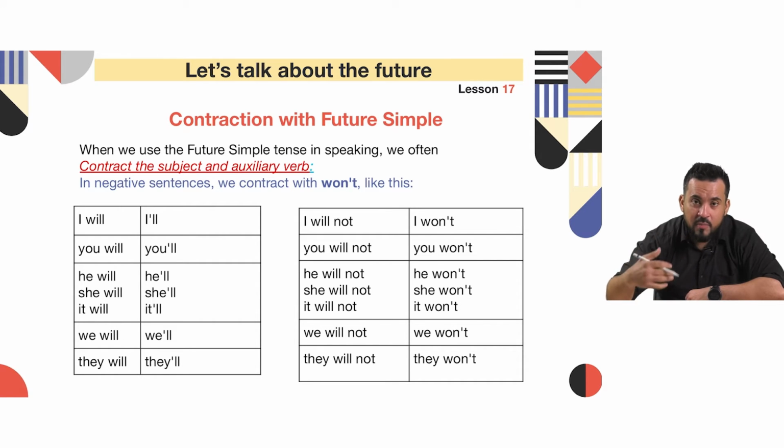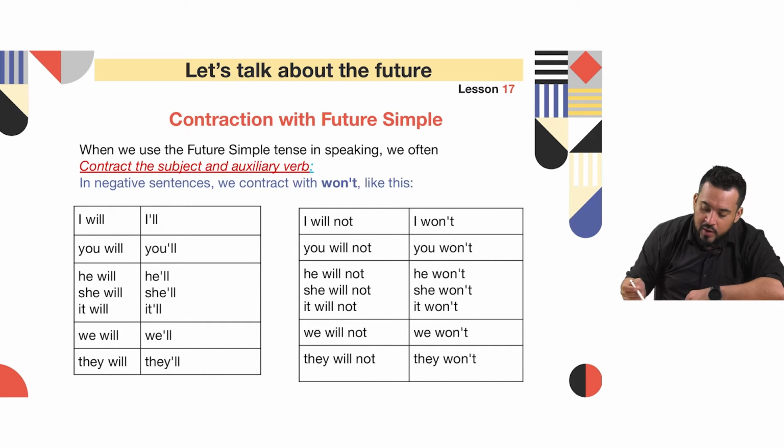They will becomes they'll. Negatives: I will not becomes I won't. You will not, you won't. He will not, he won't. She will not, she won't. It will not, it won't. We will not, we won't. They will not, they won't.